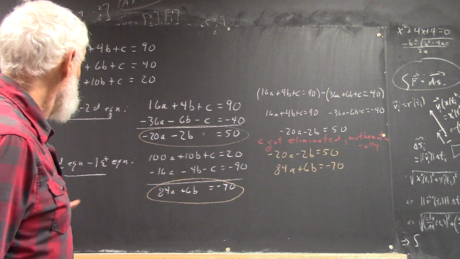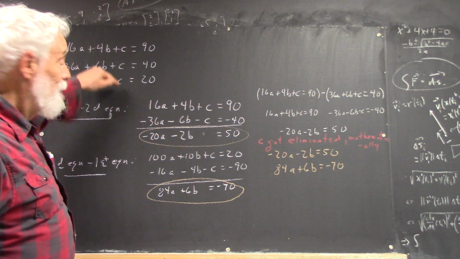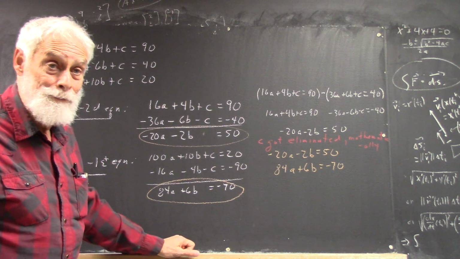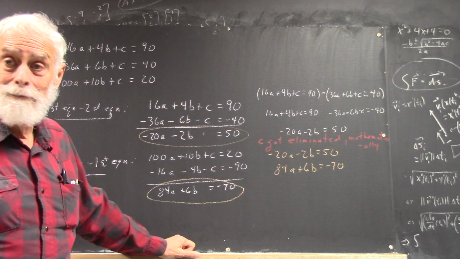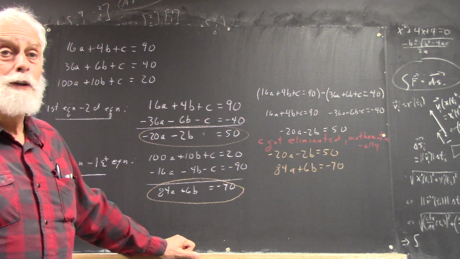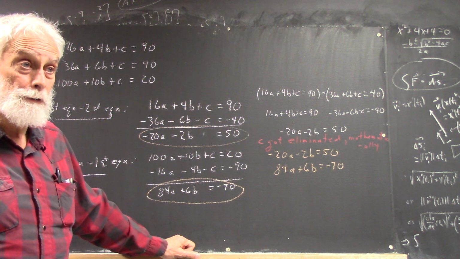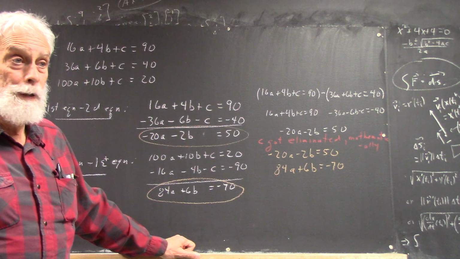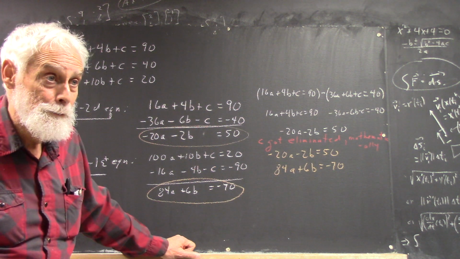It was easy to eliminate c because I only had a c on each equation, and I didn't have any difference in the coefficients. The coefficients were always 1, so all I had to do was subtract one equation from another, and that took care of c.